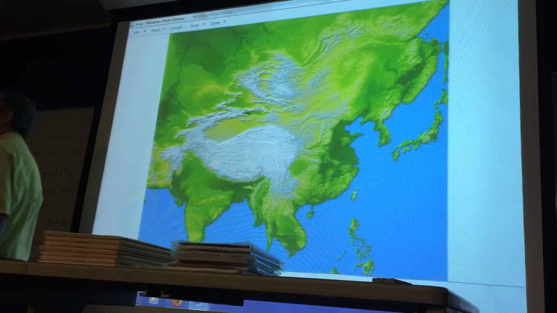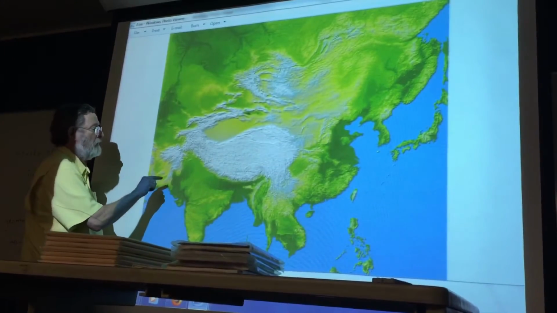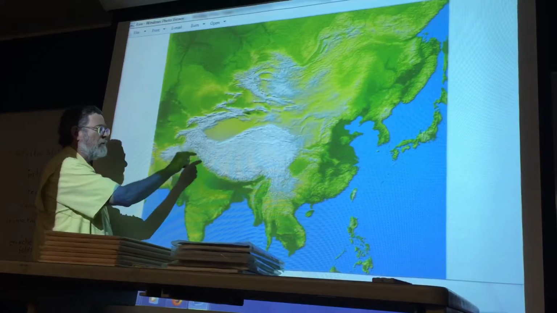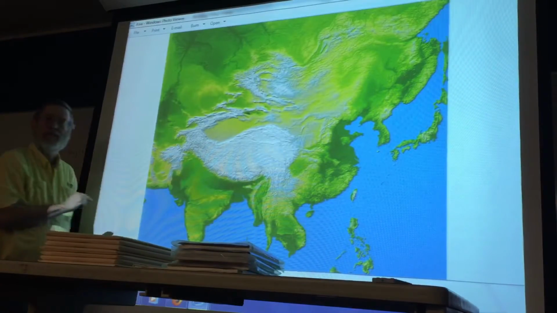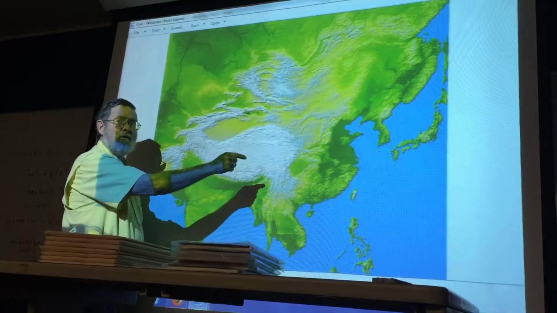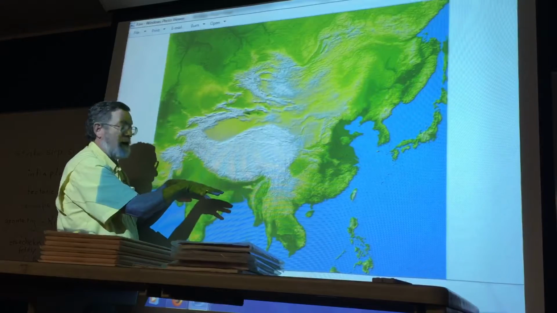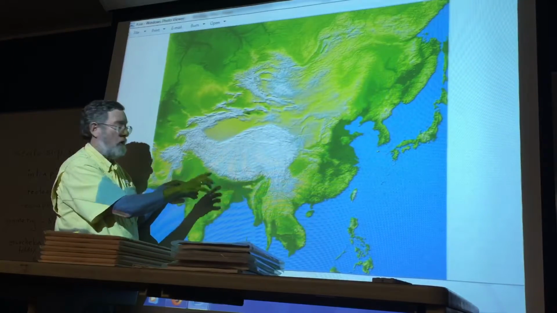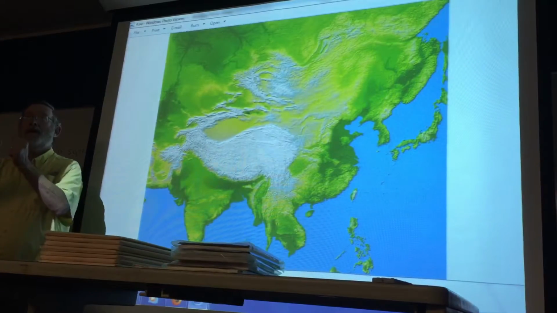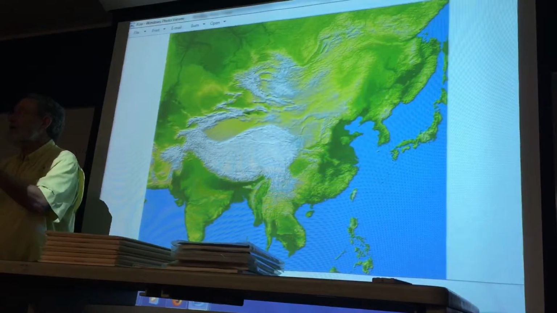What do we see? Well, if we start piecing this together, look at how this thrust belt curves dramatically here. It curves dramatically over here as well. If we were to pull India back, we can measure how far India has pushed into China, into Asia.